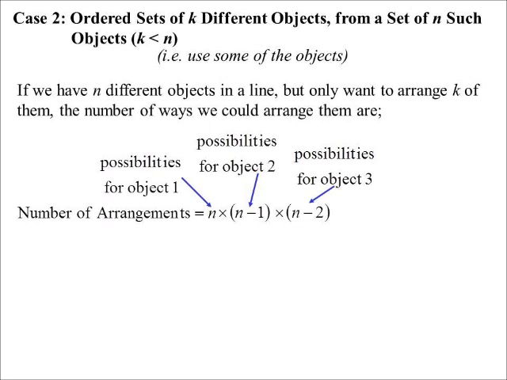The pattern is there in front of you. For 1 object it was n. 2 objects it was n minus 1. 3 objects n minus 2. k objects n minus k plus 1. Okay, so that kth object we're going to put in there.